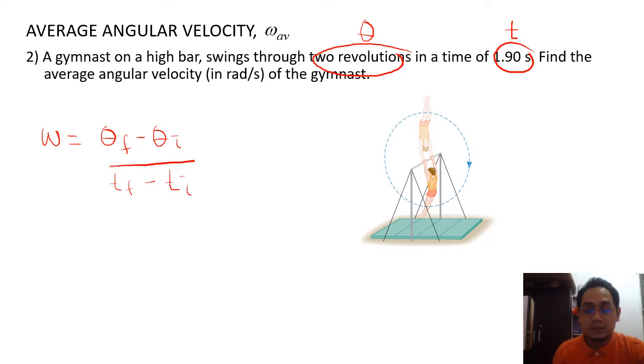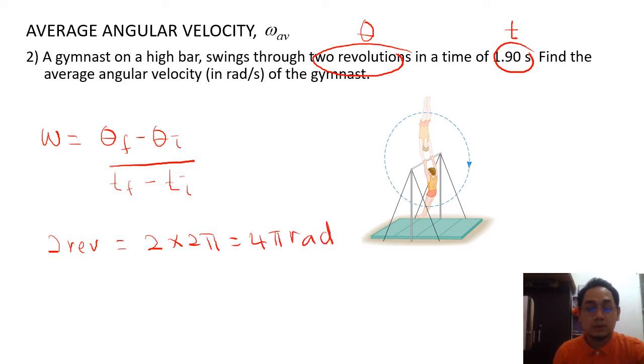But as you can see, revolution is not in SI unit. That means we need to change it into SI unit first. 2 rev is equal to 2 times 2 pi, which is 4 pi rad.